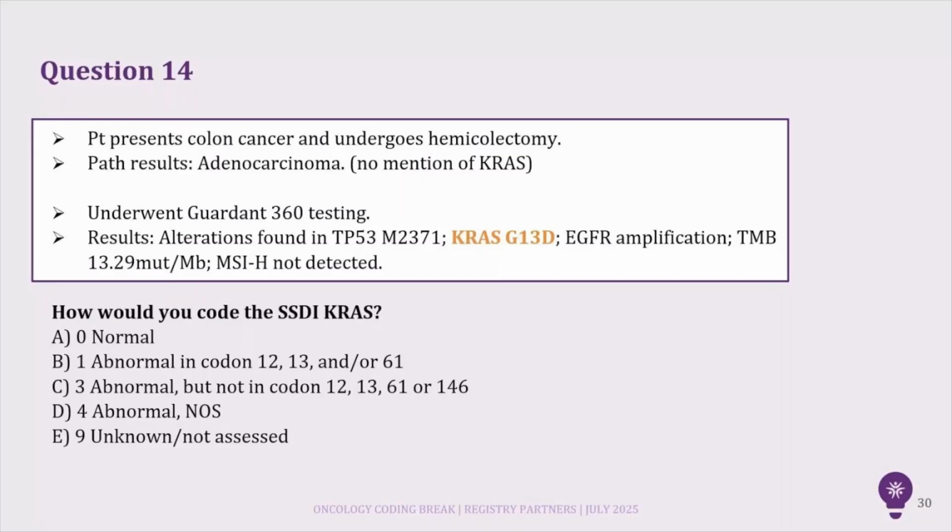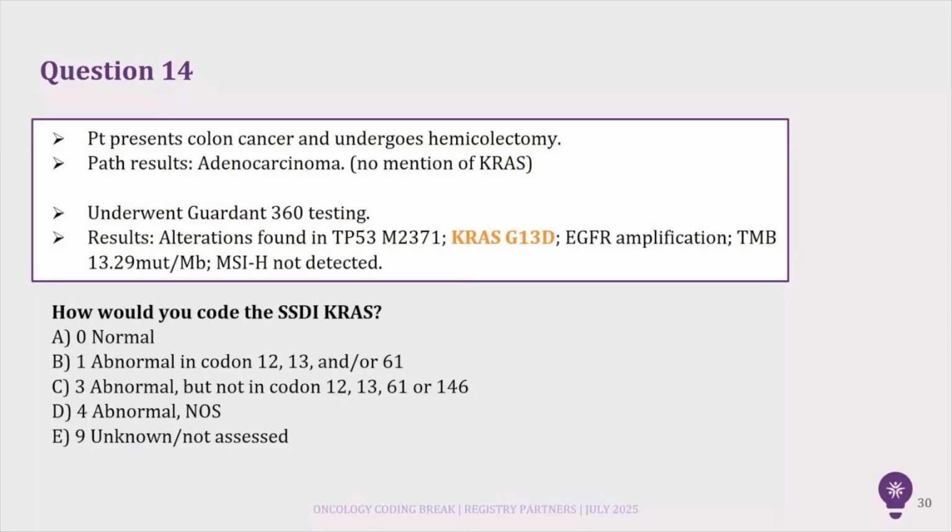Okay, we're going to end this one. The majority say we're going to say abnormal in codon 12, 13, and/or 61. I'm so glad I put this one in here. So Guardant 360 is a liquid biopsy. Per NCI, a liquid biopsy is a lab test performed on blood, urine, or other bodily fluid. So we are only allowed to use tissue for this particular SSDI.